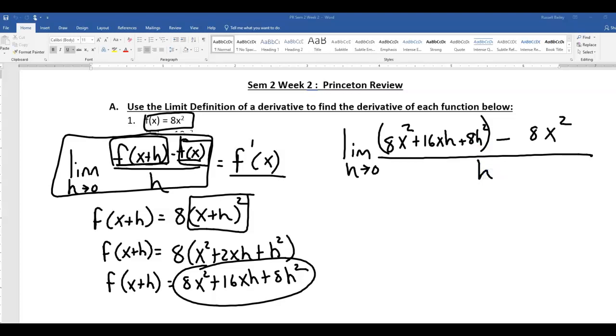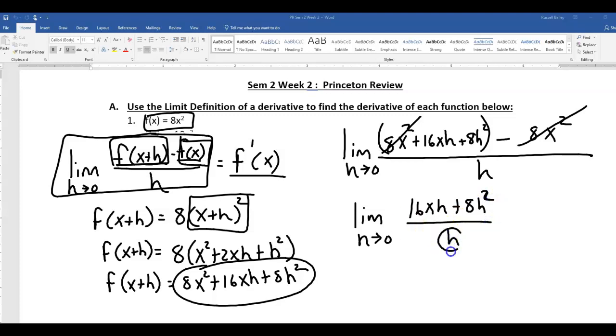Next, we're going to combine like terms in the top. The 8x squared and the 8x squared cancel because they're being subtracted. All that's left on top is 16xh plus 8h squared over h.